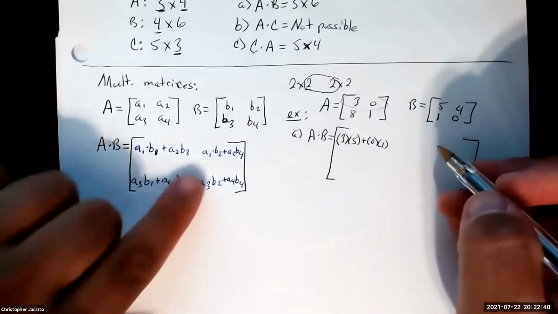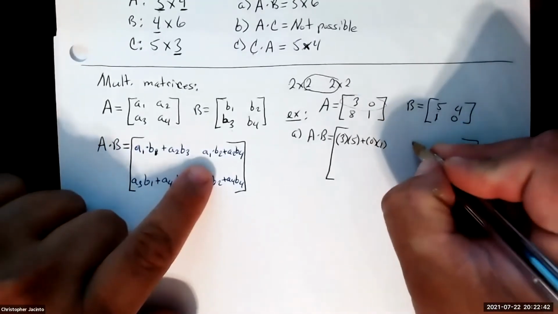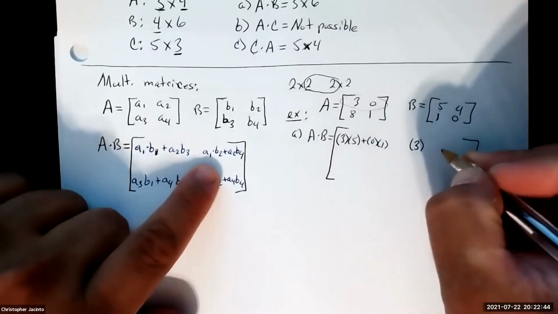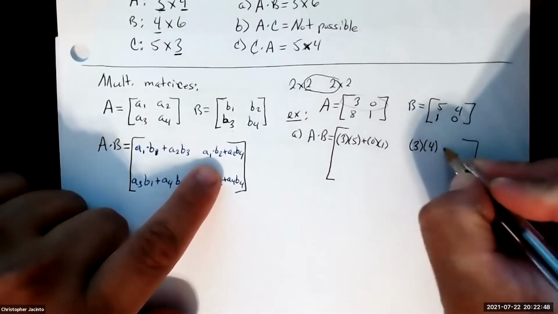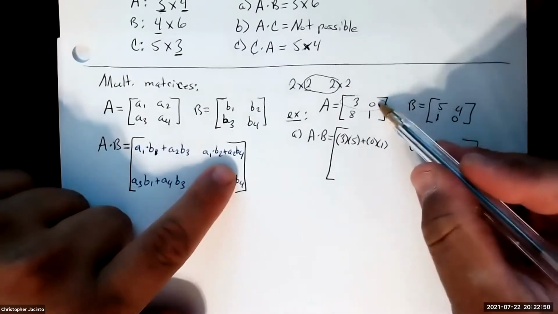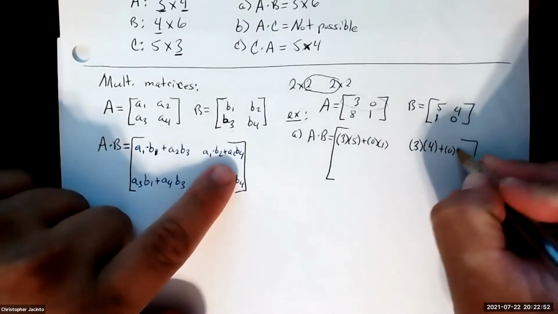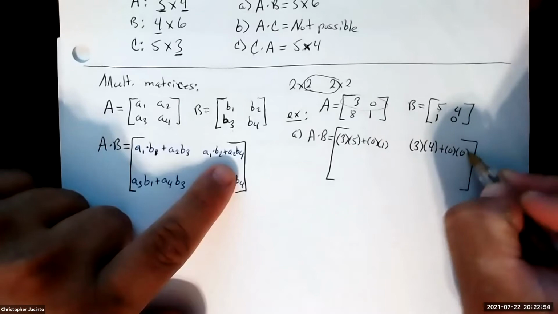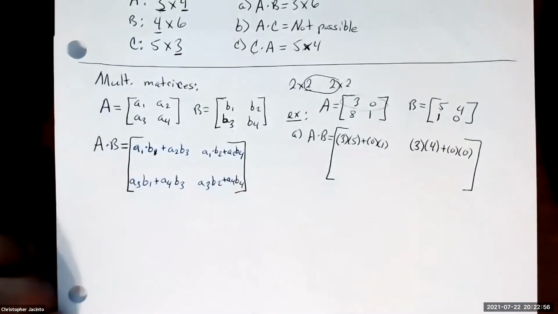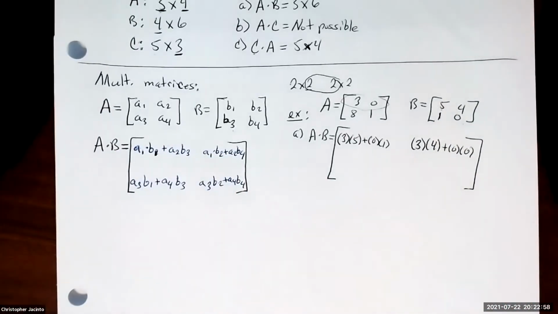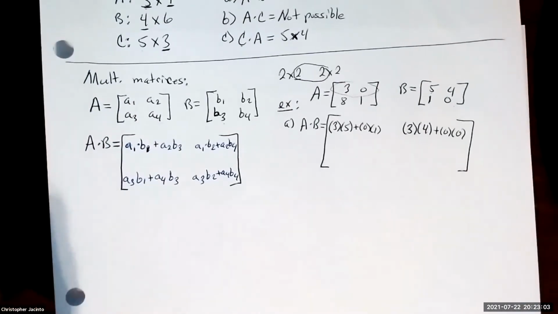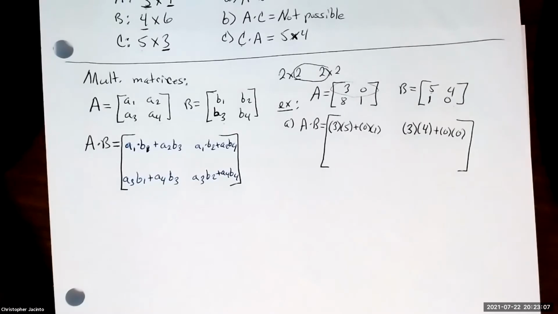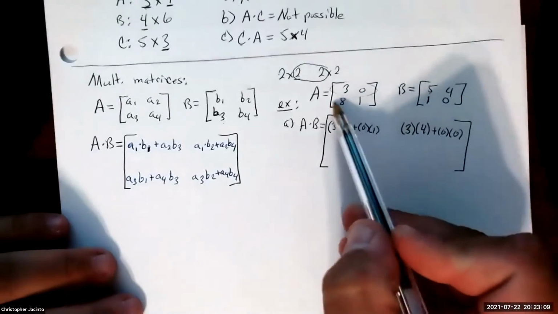And now we move on. A1, which is 3, times B2, which is 4, plus A2 times B4. Is everybody good with the first row at least? Now we're going to mimic what we just did, but now we're going to use these ones, right?